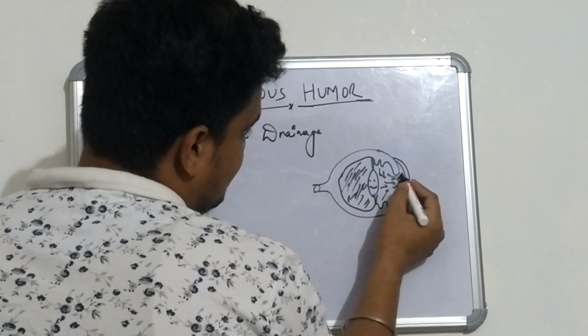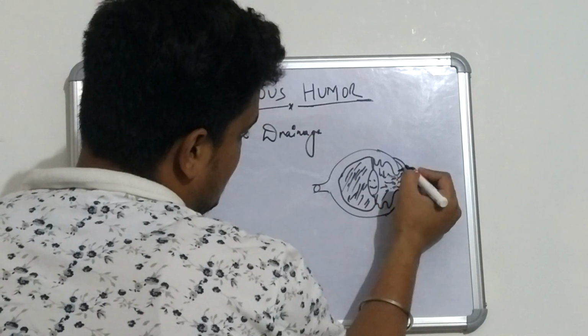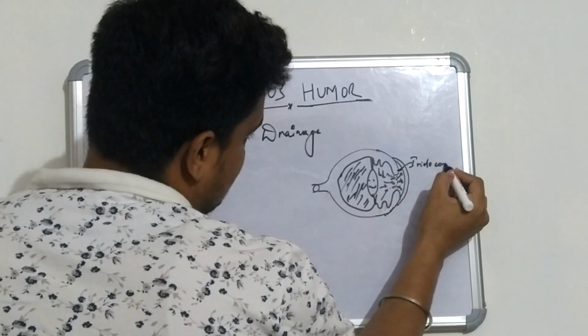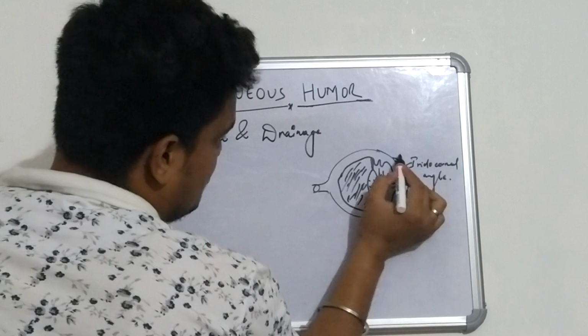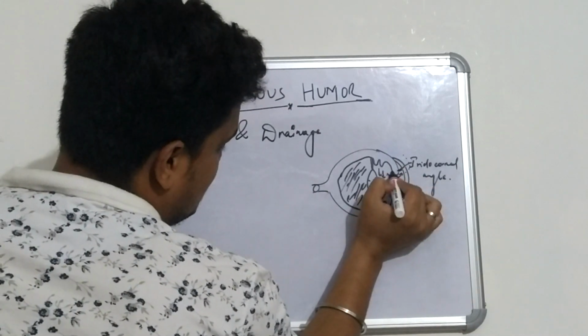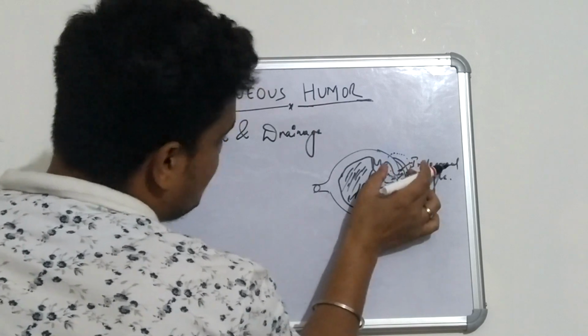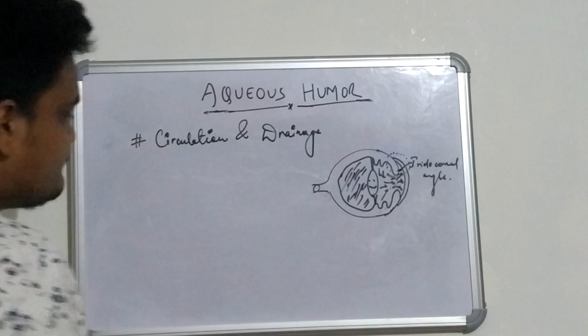So this will go to the anterior chamber, and this area is called the iridocorneal angle. Today we are magnifying this particular area and we will see how it works.